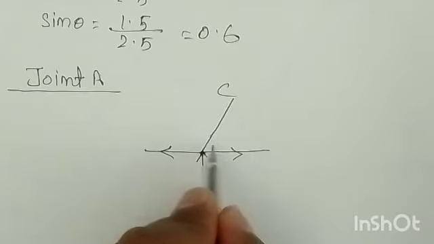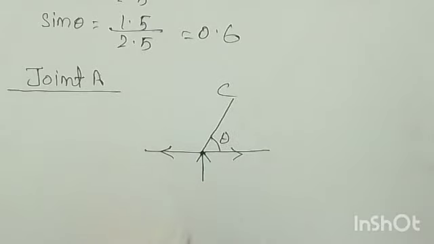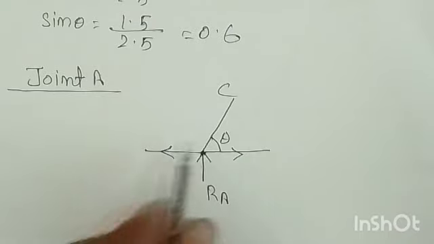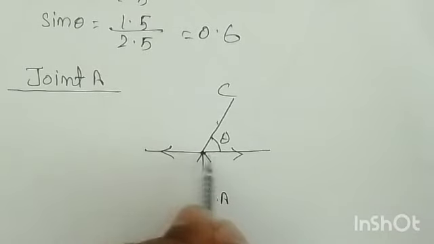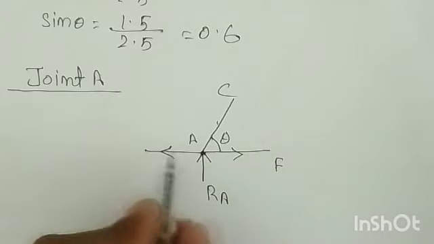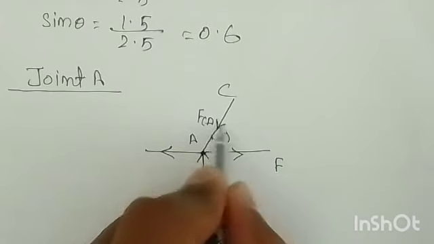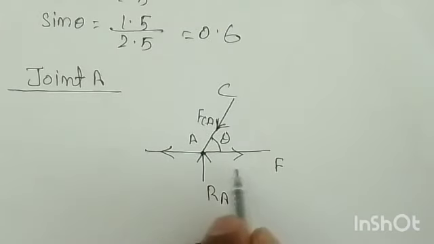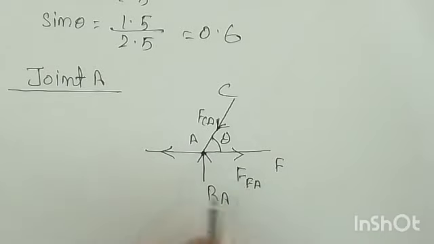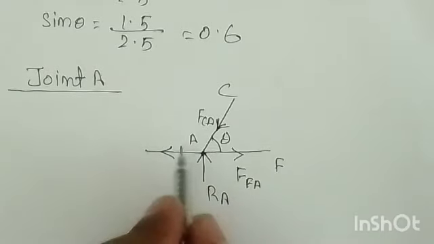This inclination we have considered as theta. So this is your RA acting vertically up. So in this inclined member the force FCA will act, which is compressive, right? And in this member the force is FAB, F is the force and this is A, right?